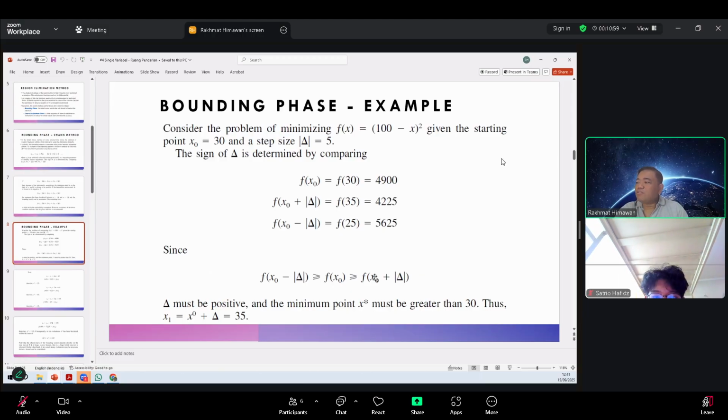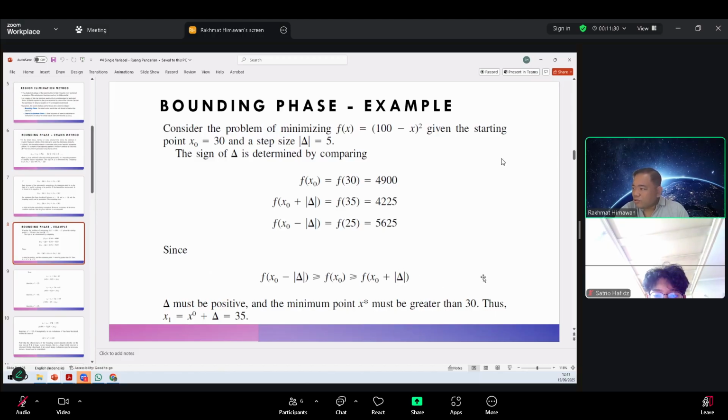If we want to find the minimum point, where should we search? Should we go to the right or to the left? If you go to the left, you're going to have a bigger value. This is already 5,000. If you go to the right, it's getting less from 5,000 to 4,900 and less again from 4,900 to 4,200.